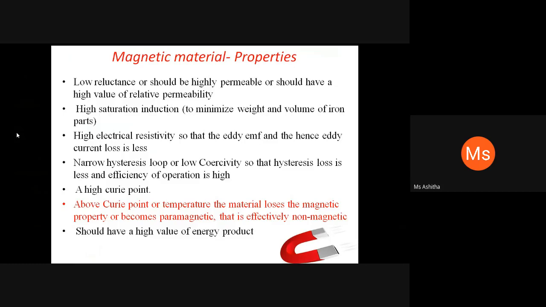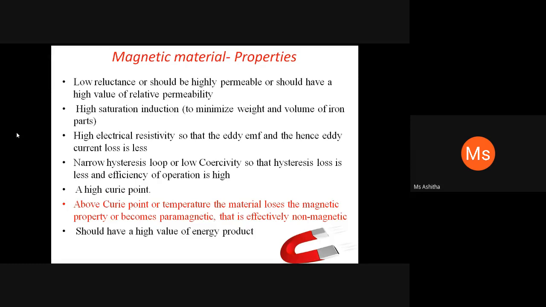High saturation induction is required to minimize the weight and volume of the parts. Next, high electrical resistivity, so that eddy current losses can be reduced. And a narrow hysteresis loop, which gives low coercive force. Coercive force indicates the energy consumption.